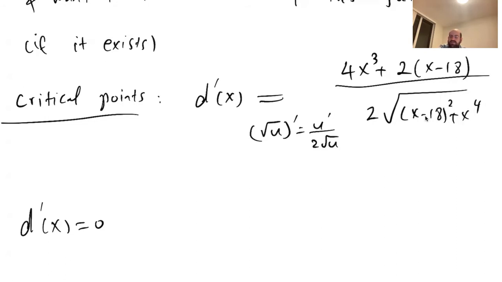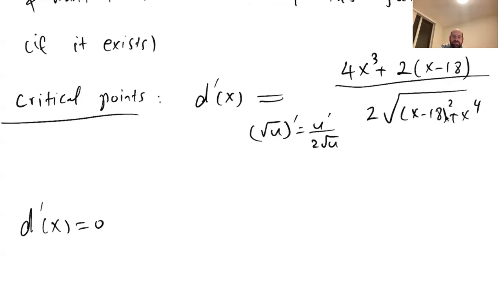But it cannot be 0, because the first term is 0 at x equals 18, and the second term is 0 at x equals 0. So these 2 terms cannot be 0 at the same time. If one of them is 0, the other one will be positive. So there is no possibility that the whole expression becomes 0.